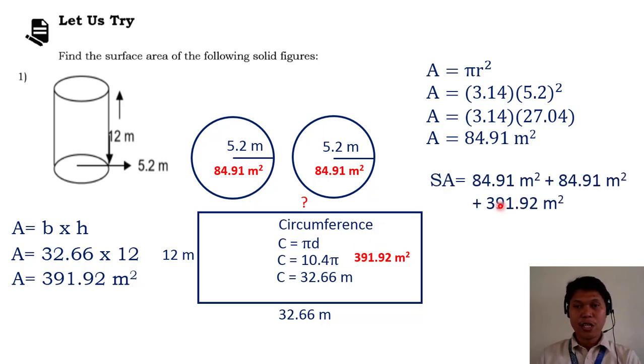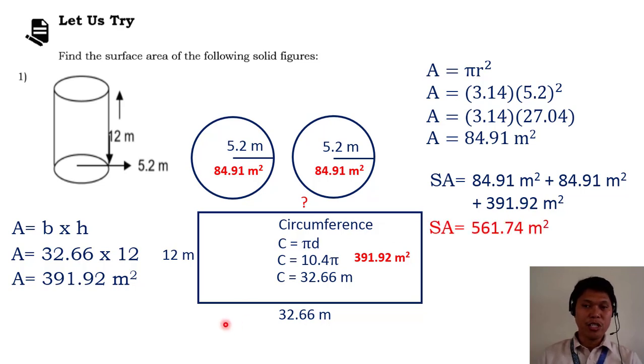Okay, so it is 84.91 plus 84.91 plus 391.92 is equal to 561.74. So I will no longer use the calculator. You can try to check if the computation is correct. So this is our surface area of figure number 1.